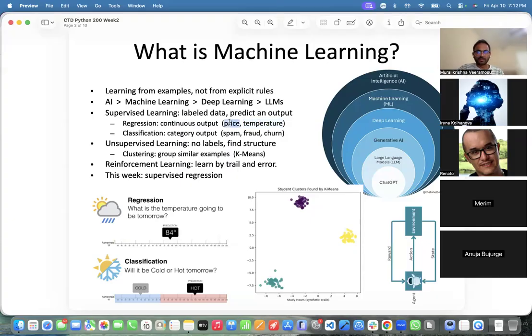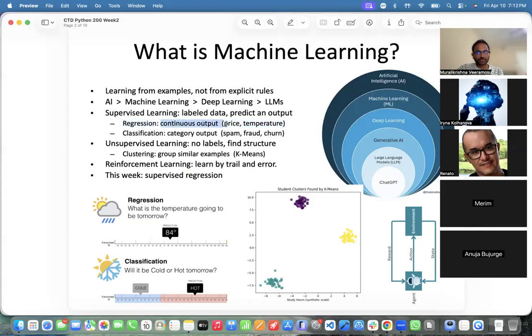In terms of predicting the house price, the predicted value or the output value from the model can be a range of values. It's not one value always, right? It's a range of values. It may be from 200K to 1 million. So that's where we need to use regression.